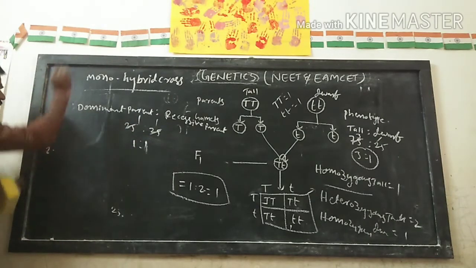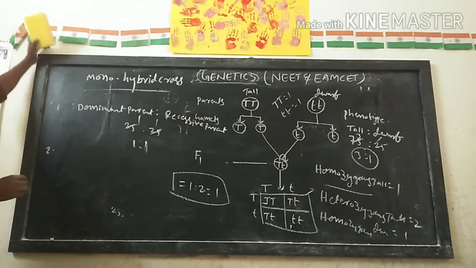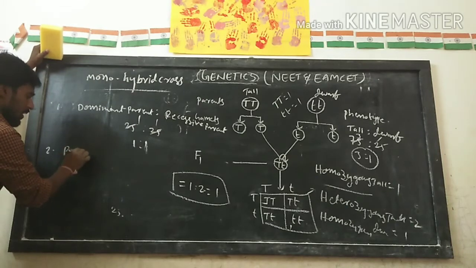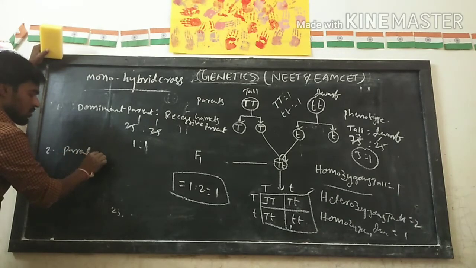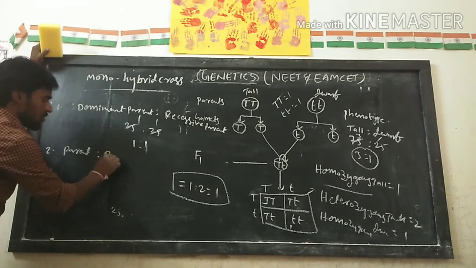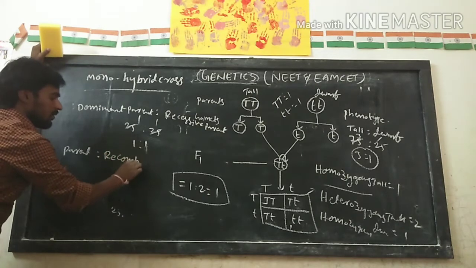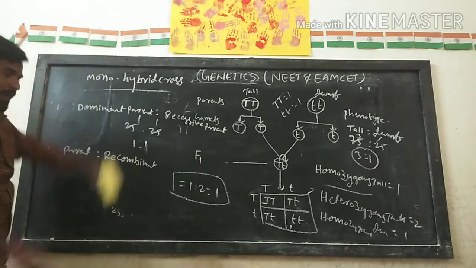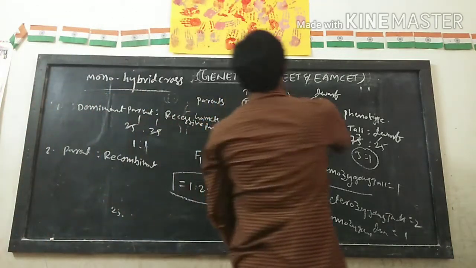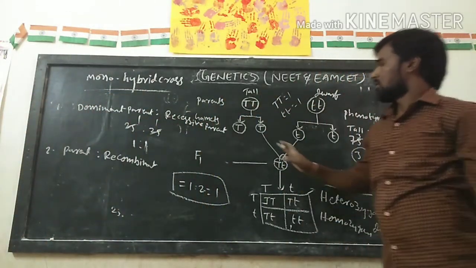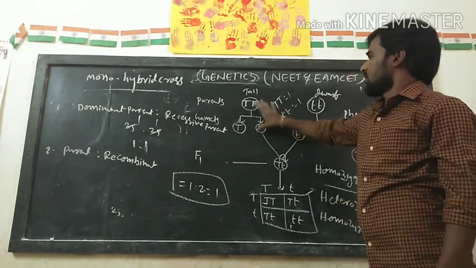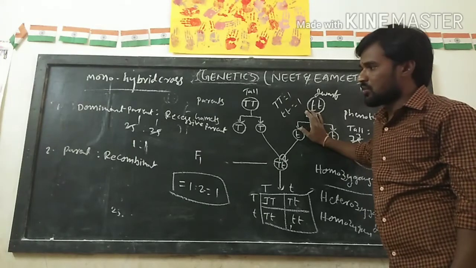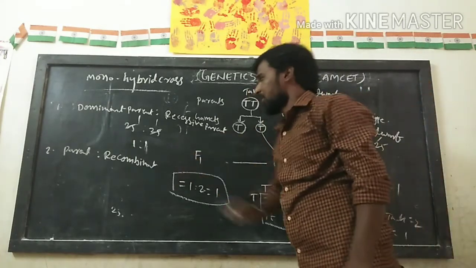Next question. What is the ratio of the parental ratio to the recombinant ratio? By using this monohybrid cross, they are asking for the parental ratio and the recombinant ratio.